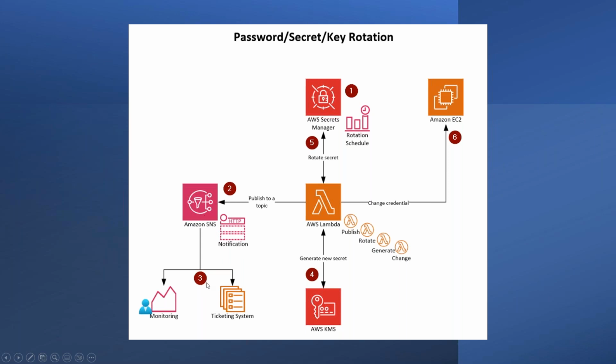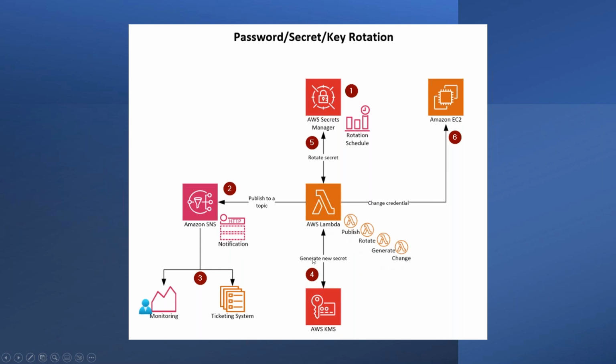But in this scenario, one, it sends an alert to your monitoring team, your SOC or your operations team, and two, engages your ticketing system by opening and assigning a ticket to this event. At the same time, there is a set of Lambdas that are written to publish, rotate, generate, and change passwords, secrets, or keys.